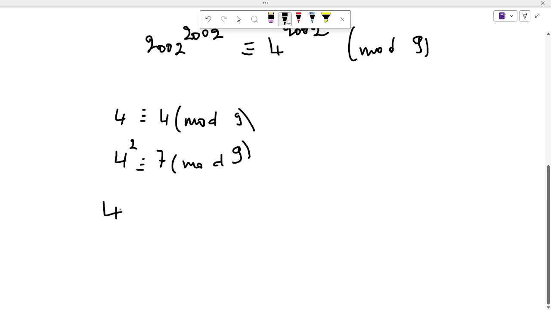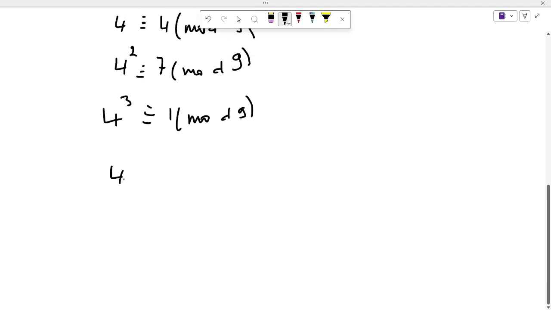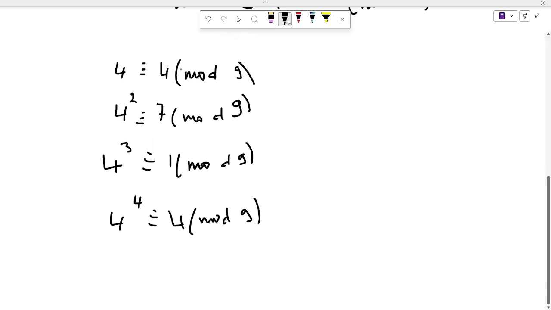And 4 to the power 3 is equal to 64, and 64 minus 54 is 1, which is 1 modulo 9. And 4 to the power 4 is going to be 4. Yes, it's 256, a 4 mod 9. So basically we have a cycle of 4, 7, 1.